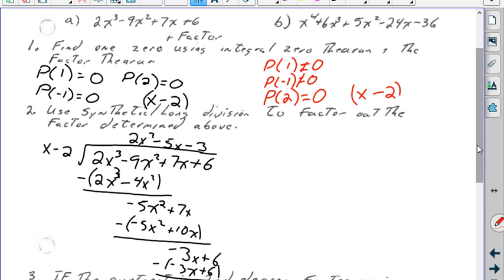I'm going to do this one synthetic division. Again, bring down the 1 because we know 1x to the power 4 divided by x is going to give me 1x to the power of 3.